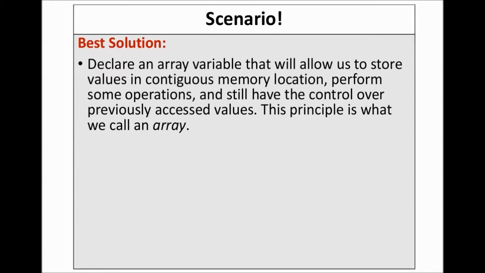So we have another best solution. The best solution is to declare an array variable that will allow us to store values in contiguous memory locations, perform some operations, and still have control over previously accessed values. This principle is what we call an array.